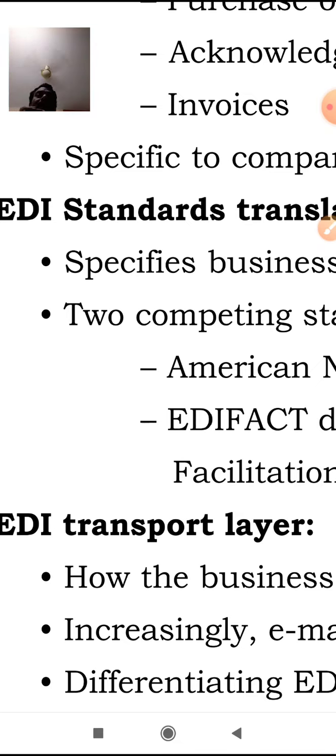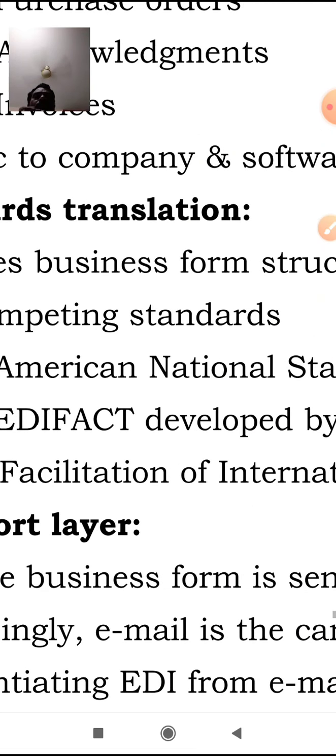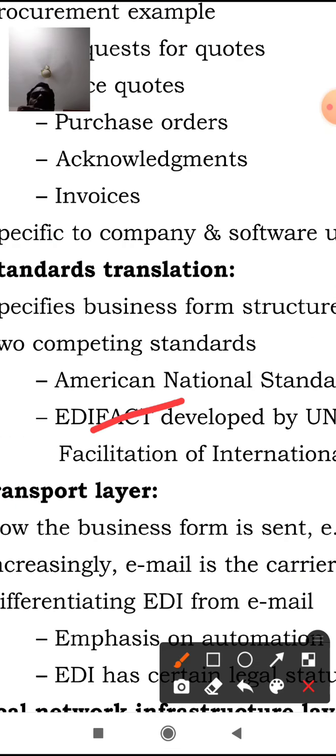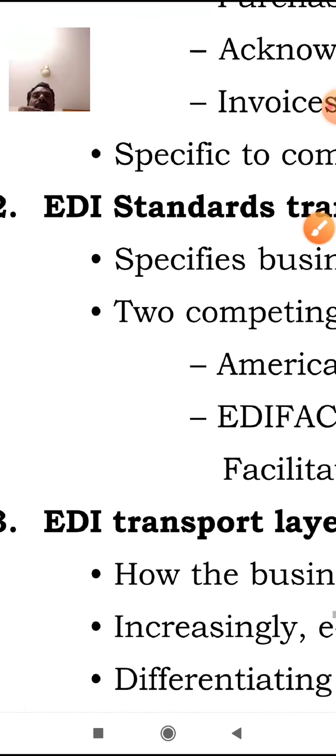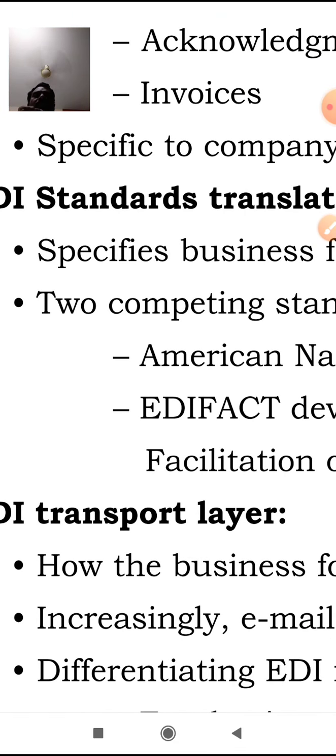That conversion to standard format is very important, and that work is taken over by the EDI standard translation application. So the EDI standards translation mechanism will convert the information into the standardized format.